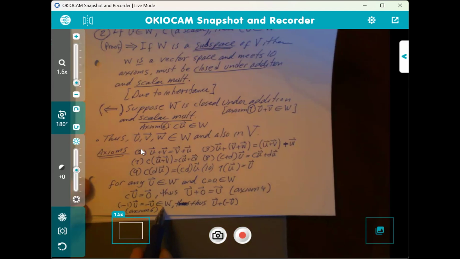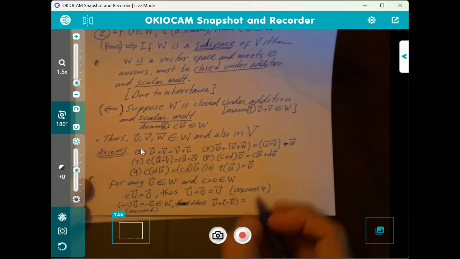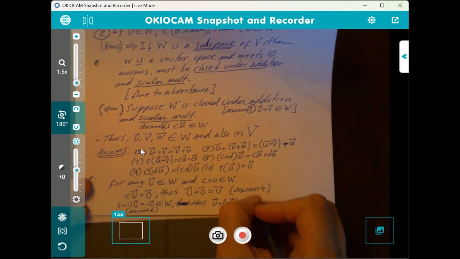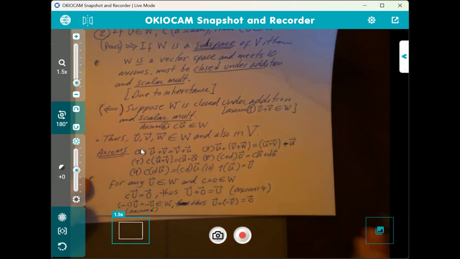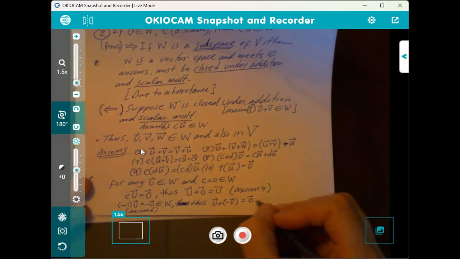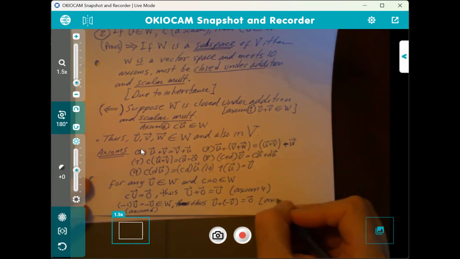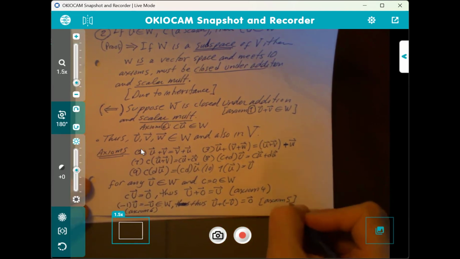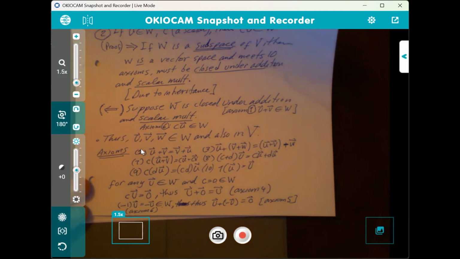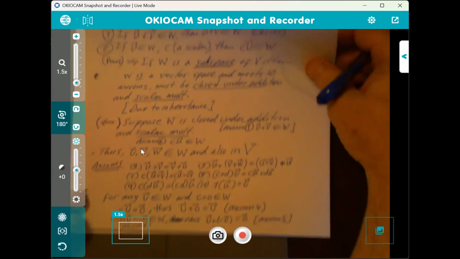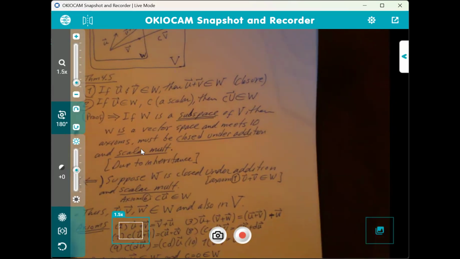It's in W. And we know that, again, u is in W, negative of u we just showed is in W, and the sum of those two from previous section has to be the zero vector. And this is indeed axiom number 5. So axiom 5 is also satisfied. Therefore, W forms a subspace.